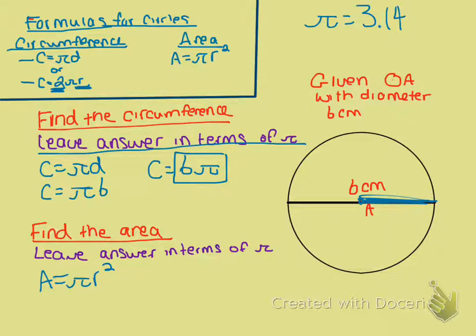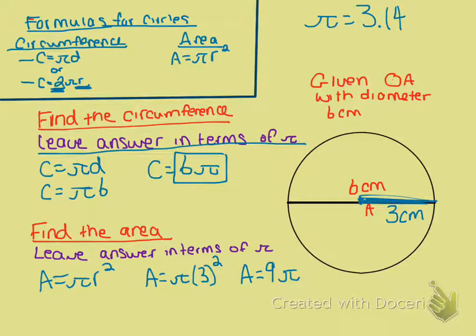Since the diameter is 6, that means that the radius is 3 centimeters. So area equals pi times 3 squared. Okay, so that means that the area is equal to 9 pi.